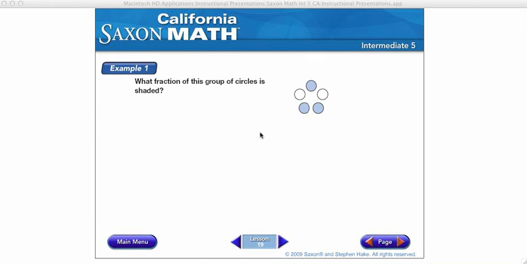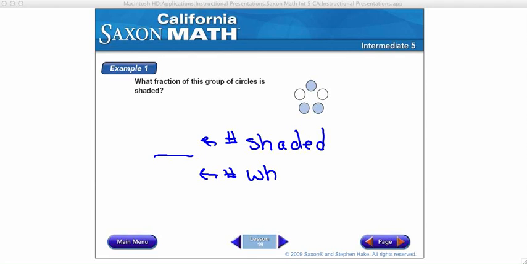Alright, so here we go, example 1. What fraction of this group of circles is shaded? So when we have a fraction, the top number is going to tell us the number that is shaded, and the bottom number is going to tell us the whole, or how many there are all together.